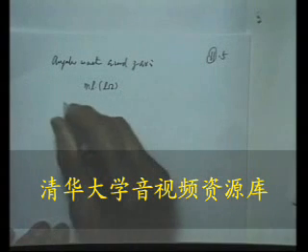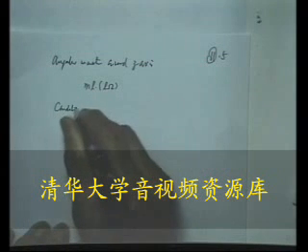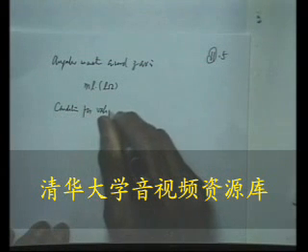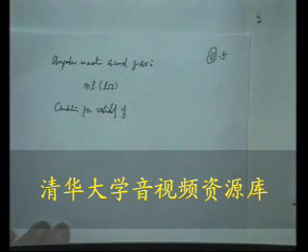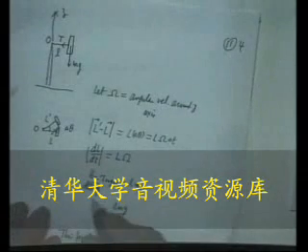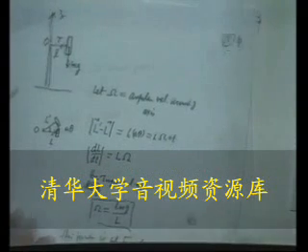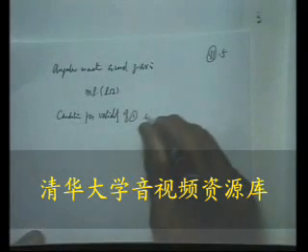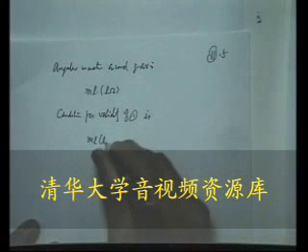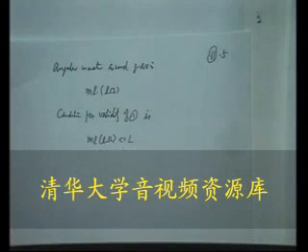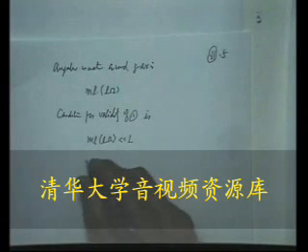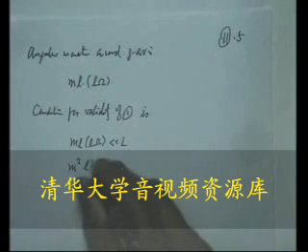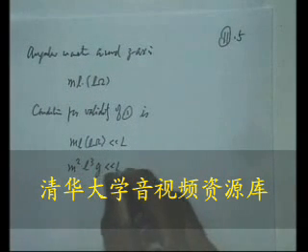So the condition for validity of the formula is that mL omega is much less than capital L. If you write this formula down, it becomes m squared L cubed g has to be much less than capital L squared.